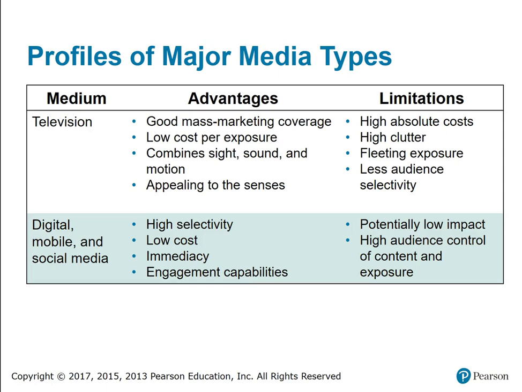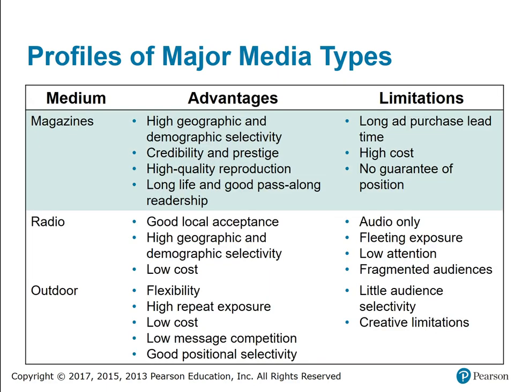And because of our limited budget, we will focus on these digital and social media, which are relatively low cost, however, very little control over it. And then maybe you want to think about magazines. And so you need to be very clear on your target market. What magazines do they read?